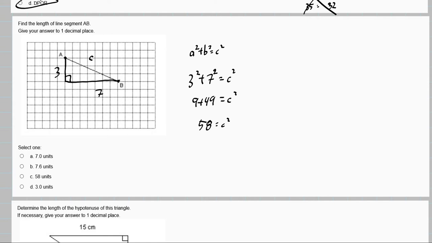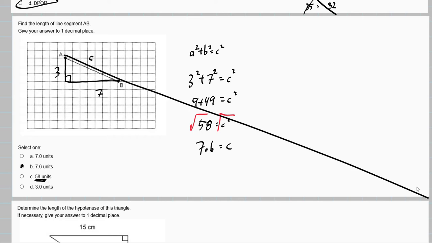And if we take the root of both sides, then the root of 58 is 7.6. You can see 58's there waiting to trip you up. But 58 would be a much longer line. So hopefully they didn't pick that one.